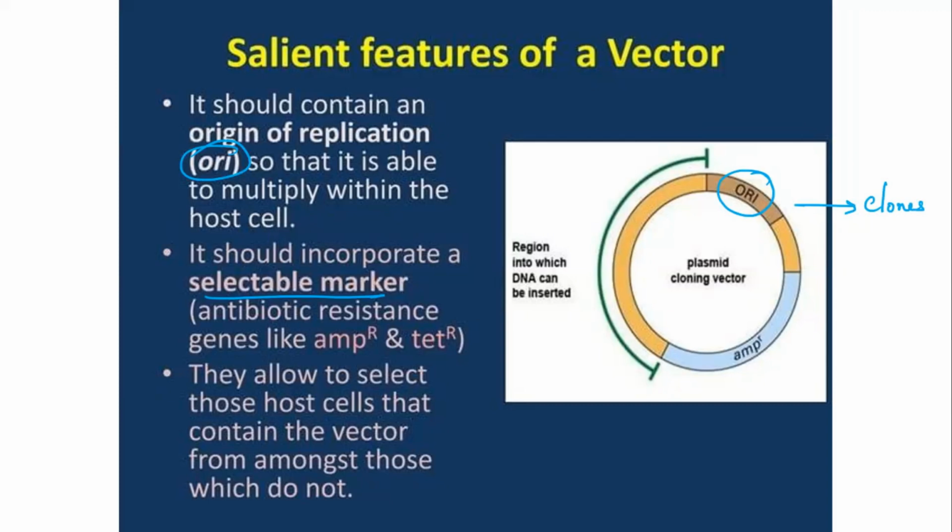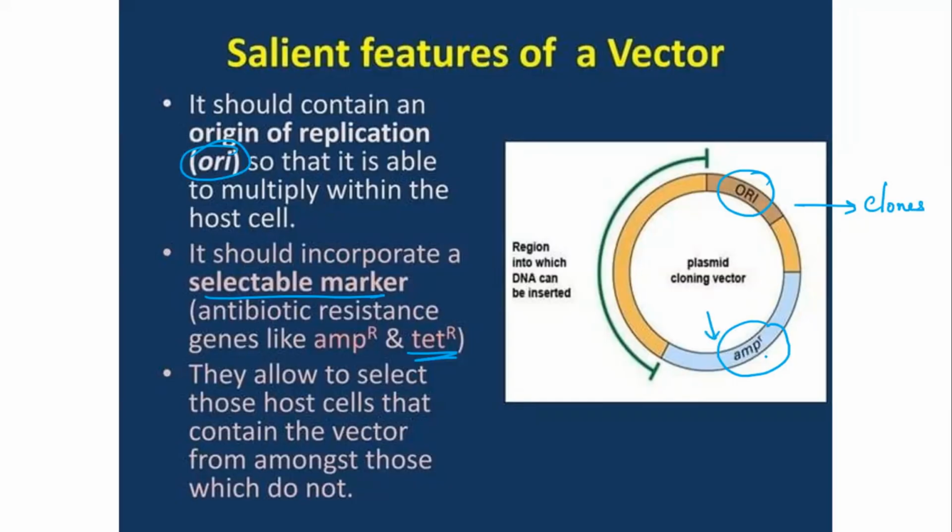In the same way, if we want to find out whether the host is carrying the recombinant DNA or not, the vector should incorporate a selectable marker. For example, the ampicillin resistance gene or the tetracycline resistance gene, that is, an antibiotic resistance gene. That means the bacteria having this gene will be resistant to that particular antibiotic, ampicillin or tetracycline.